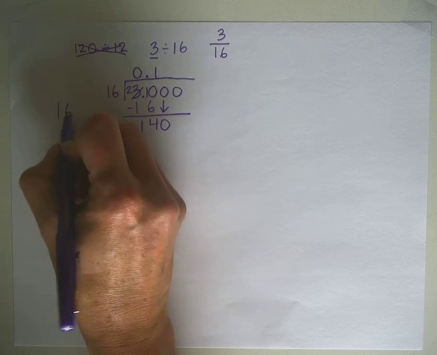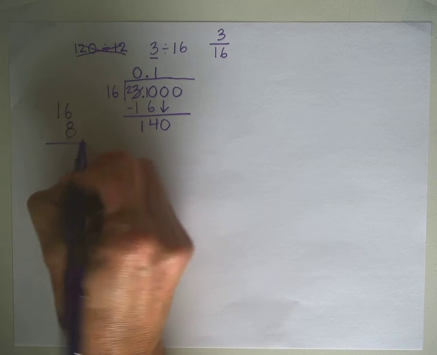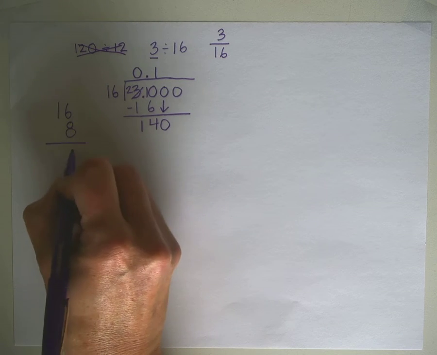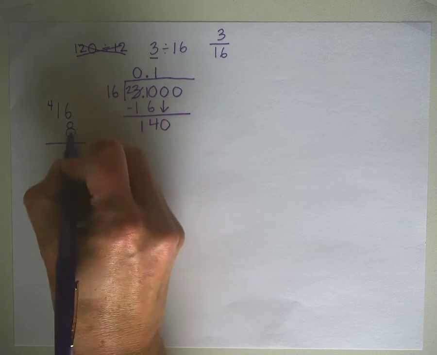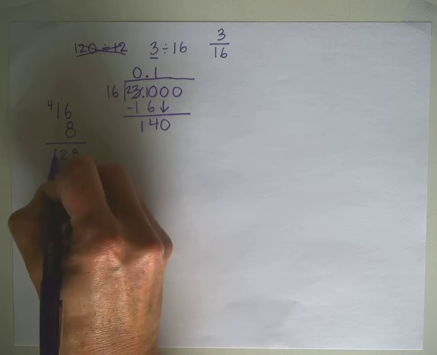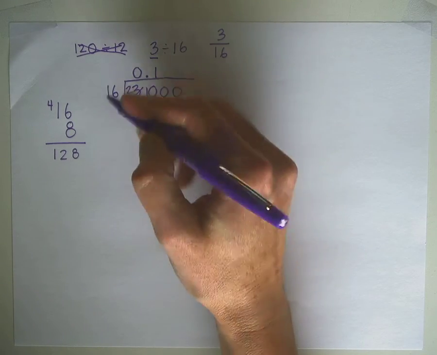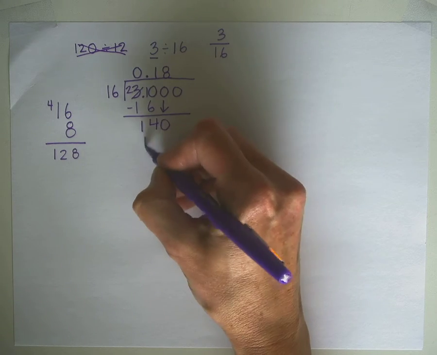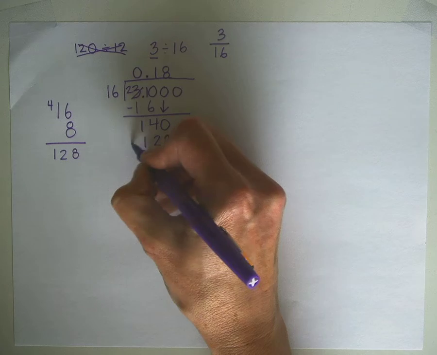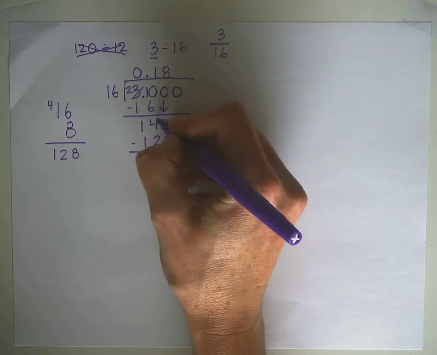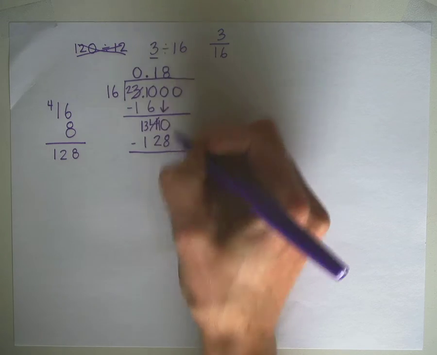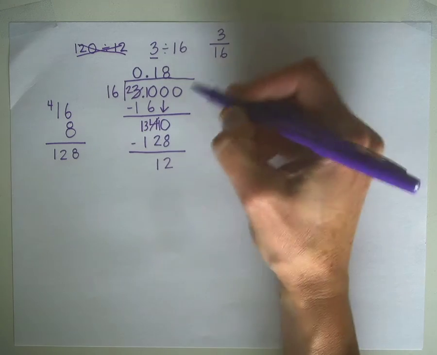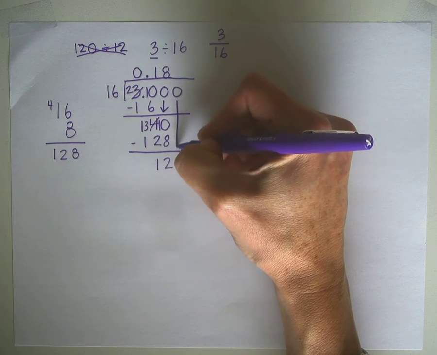So I'm going to do 16 times 8. 8 times 6 is 48. 8 times 1 plus 4 is 12. So 16 times 8, that's going to work, 128. Subtract. Get to 12. Okay, bring down this last 0.